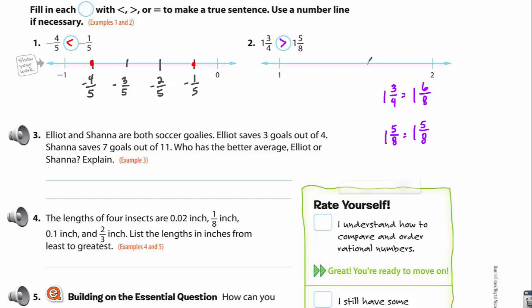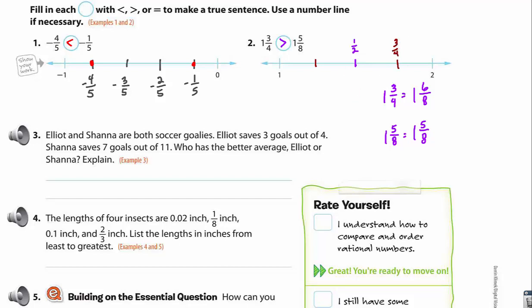If we wanted to do that with the number line, you'll notice the 1 is already built in, so it's just the 3/4 and the 5/8. There's a half, pretty close to it. And if you're going in fourths, there's 3/4.